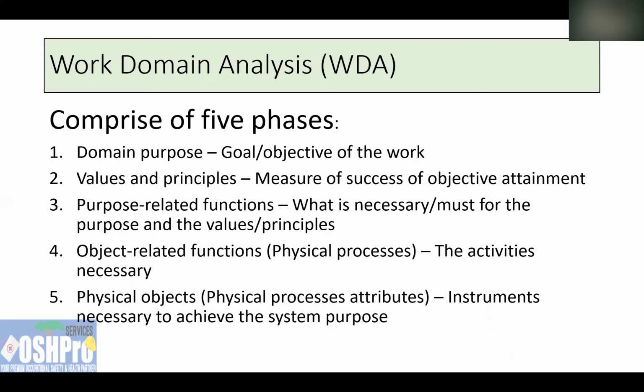So let's look at this work domain analysis in a little bit more detail, of how we can go from the domain purpose to the values, to purpose-related functions, to the object-related functions, and to the physical objects. And I hope you will also see the difference between activities and functions as we go along.